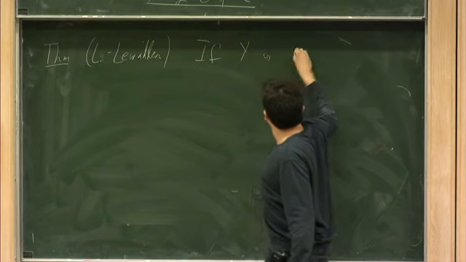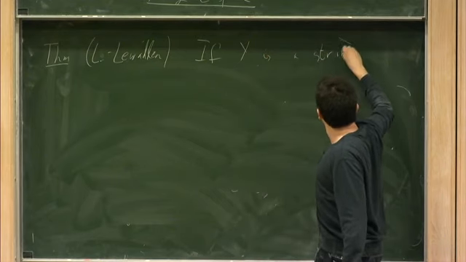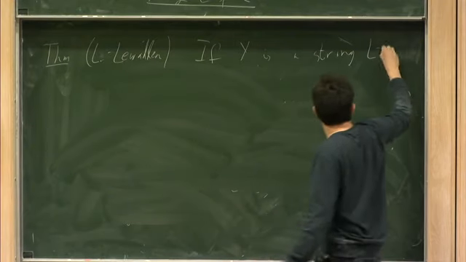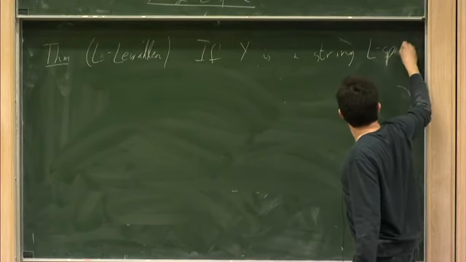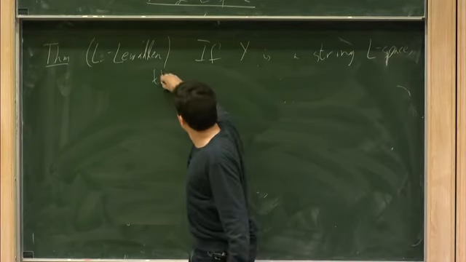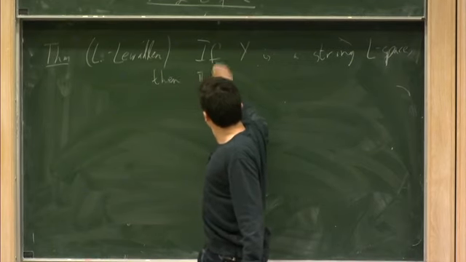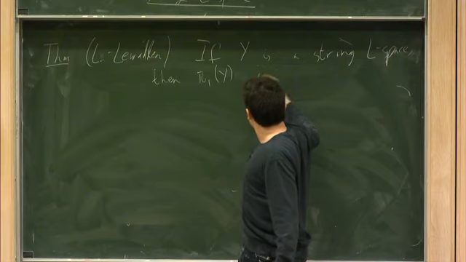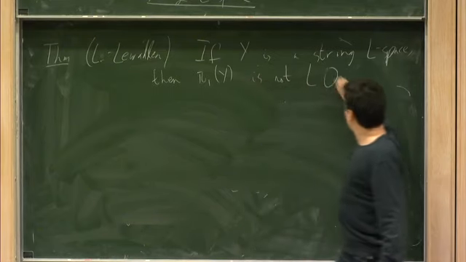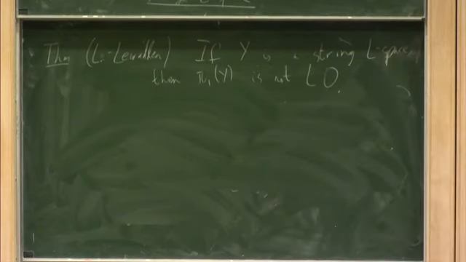If Y is a strong L space, then pi1 of Y is not left orderable. Okay, now that's really weird. What should these things have to do with each other?